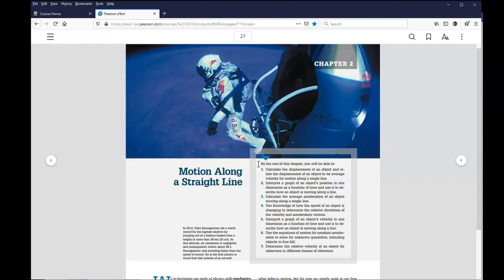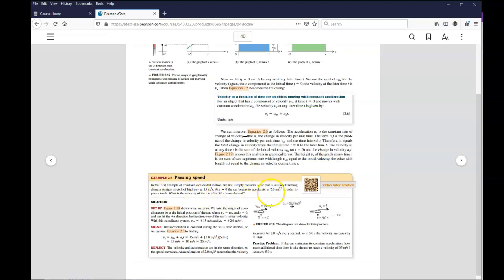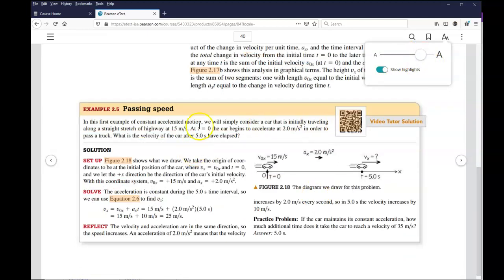It's on page 40, so I'm just going to go here, type it in, and there it is right here. Let me magnify it a little bit.